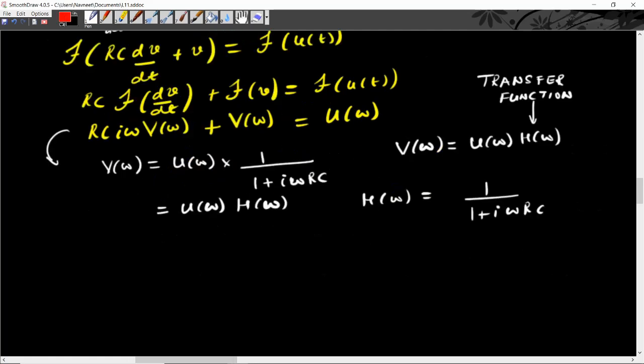So for this RC circuit, we have H of omega equals this.